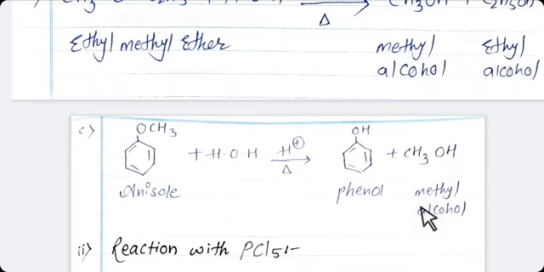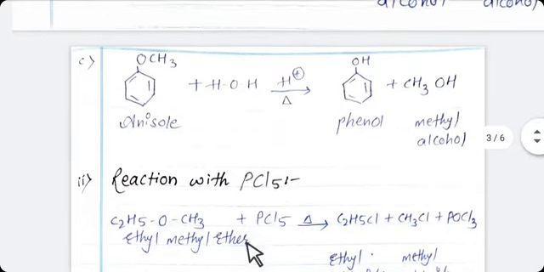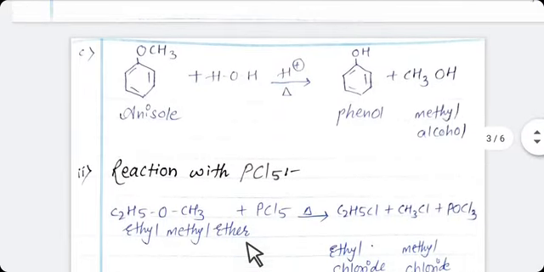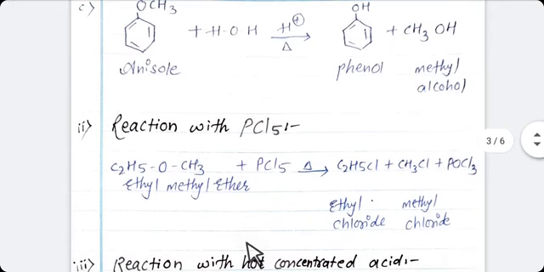The next reaction of ether is with PCl5, means phosphorus pentachloride. Whenever ether reacts with phosphorus pentachloride, it gives alkyl chloride. For example, we are taking here the example of ethyl methyl ether, a mixed ether. You can use simple ether also. React with PCl5.